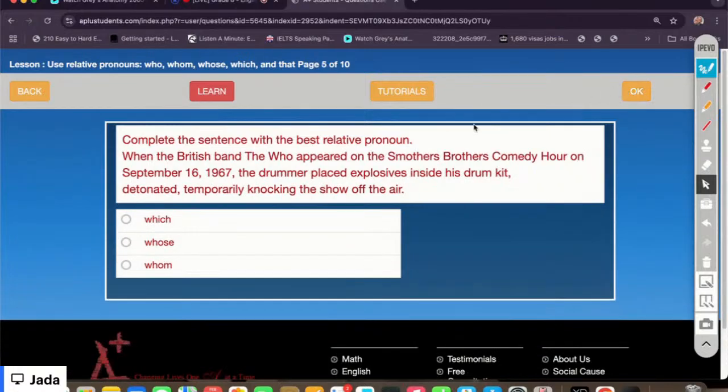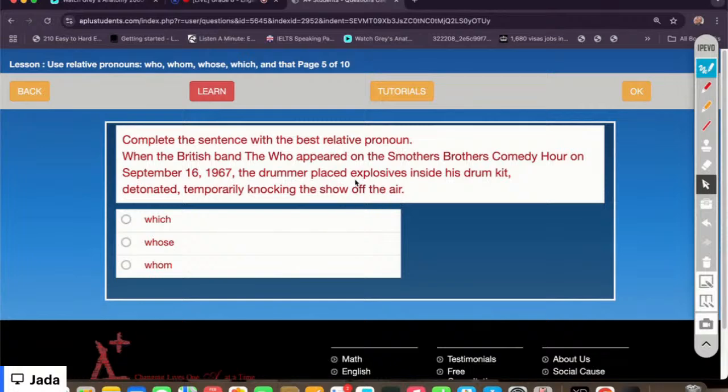All right, so we have when the British band The Who appeared on the Smothers Brothers Comedy Hour on September 16, 1967, the drummer planted explosives inside the drum kit. Dash detonated, temporarily knocking the show off the air. What do you think?